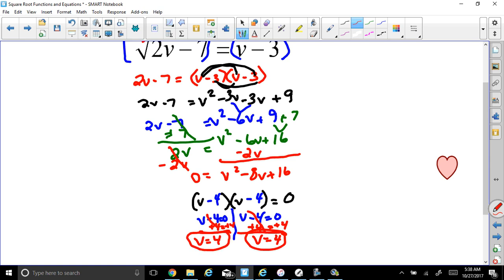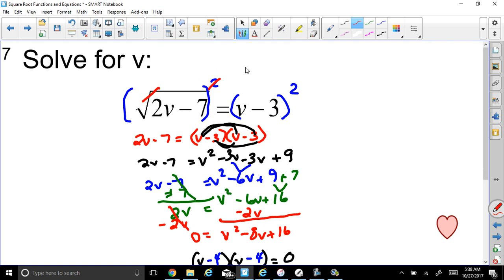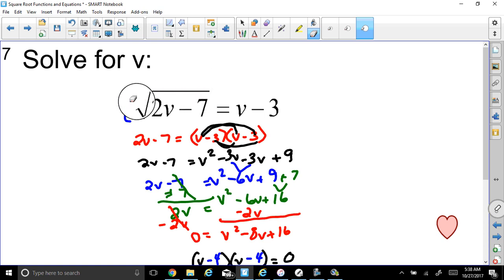So let's go back, because the only way we can know is if we check it. So again, pardon me, Mr. Tien, for writing on my problem. So let's check it. So we said v is equal to 4.